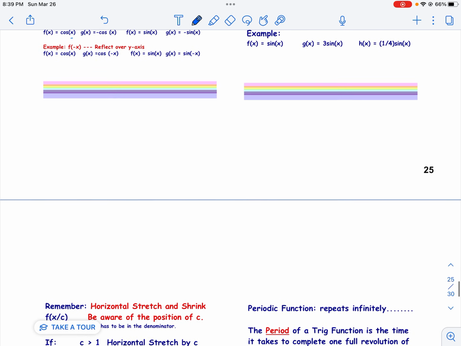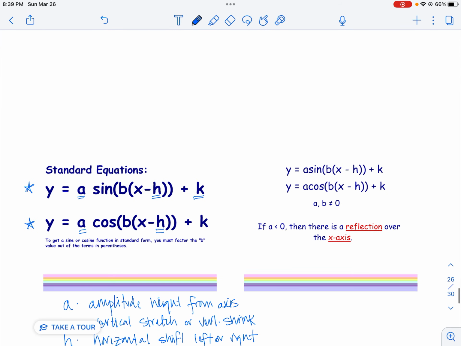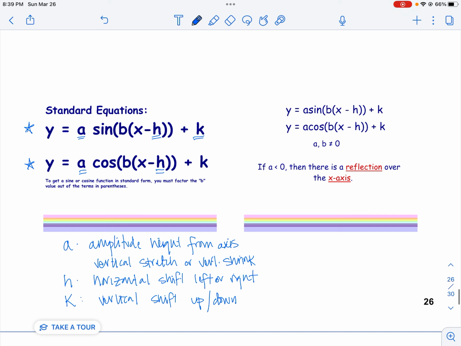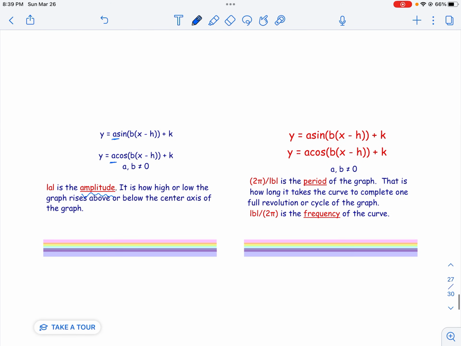Okay, but back down here on page 26, I want to talk for a second about this b value right here. This guy is important because it helps you understand two things: the period and the frequency. I'm on page 27 now, and what I'd like you to notice right here is the formula to find the period.